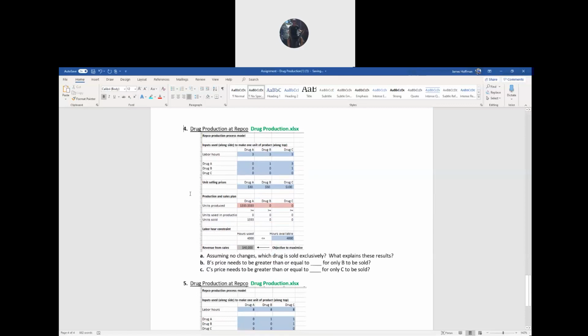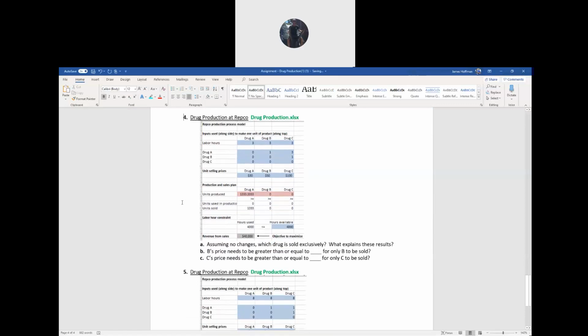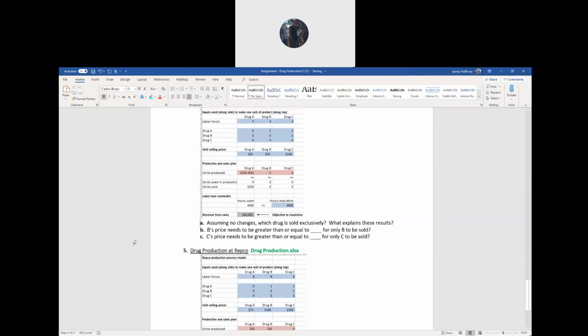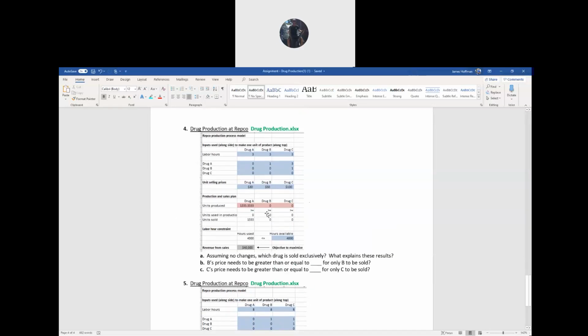Okay, so let's do number 4. Same type of question, I guess. Assuming no changes, which drug is sold exclusively and what explains these results? So this time it's drug A again, right?